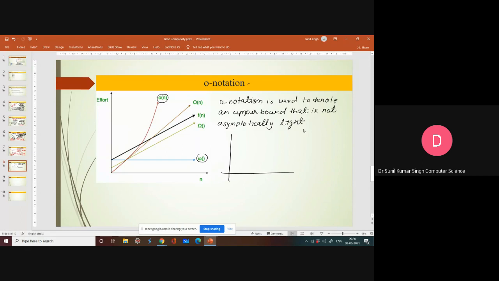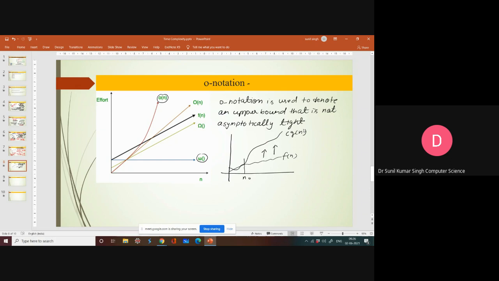Suppose that this is your f(n), and maybe something like this is your c g(n), and this is the point n0. After this point, this f(n) will never touch the c g(n).